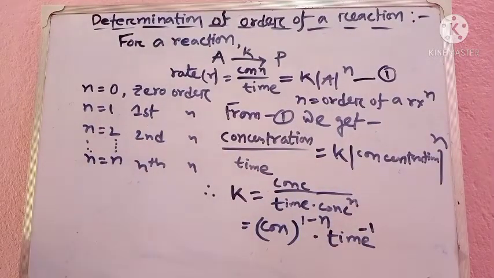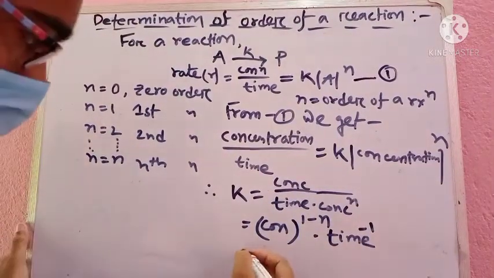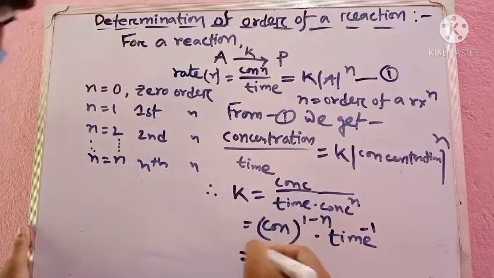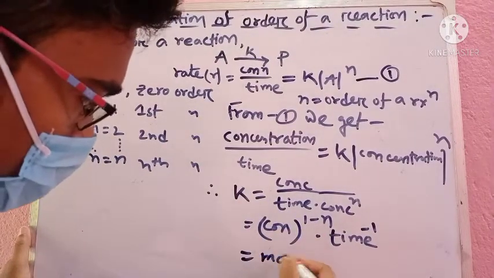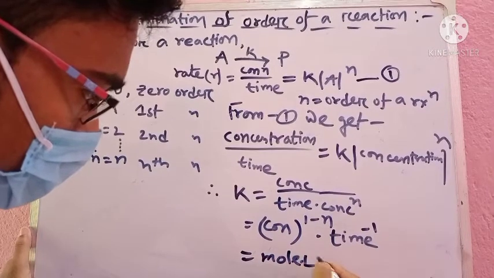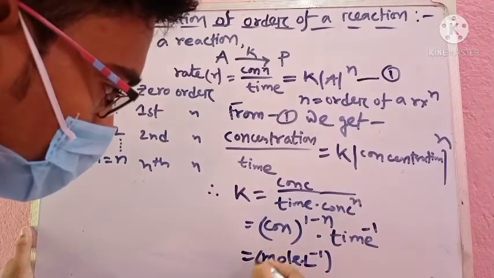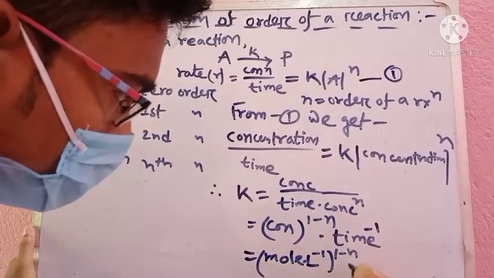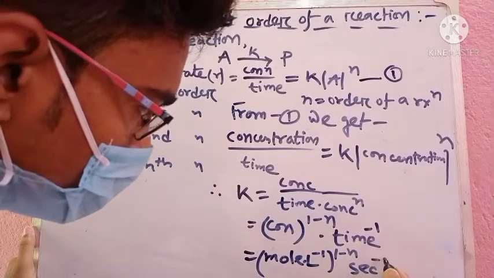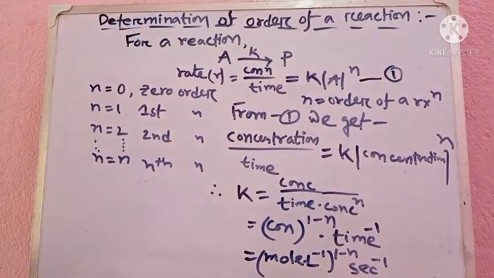Now put the unit of concentration and time, that is mole into liter inverse to the power 1 minus n into second inverse.